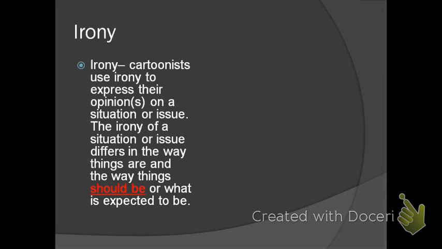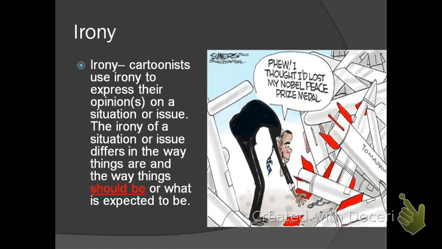Now, irony is kind of something that I enjoy, and the best example of this one is, here is Obama, who has a Nobel Peace Prize, and he's picking it up from his pile of Tomahawk missiles, ones like we fire in the Middle East all the time. It's kind of what things should be as opposed to what they are expected to be.